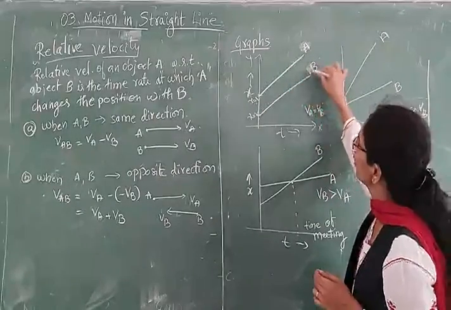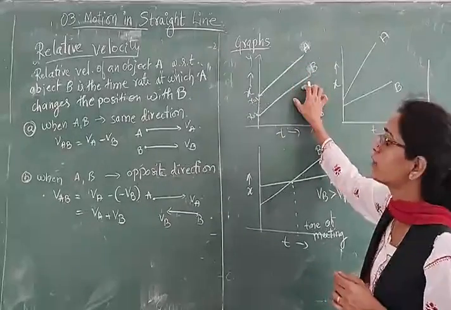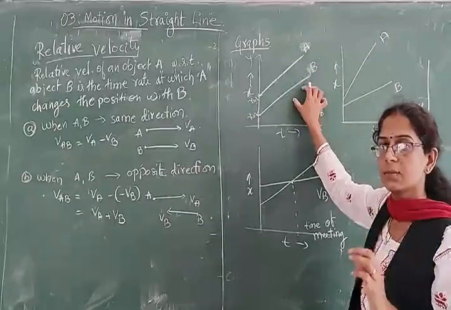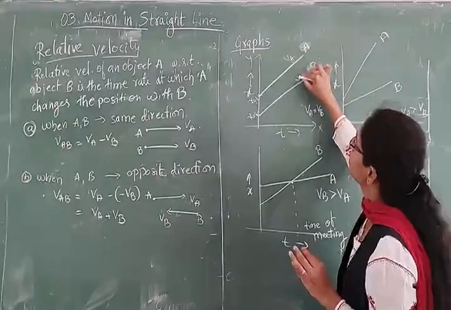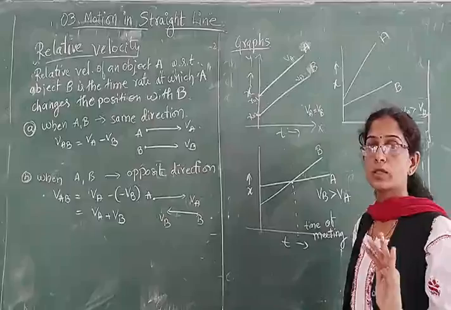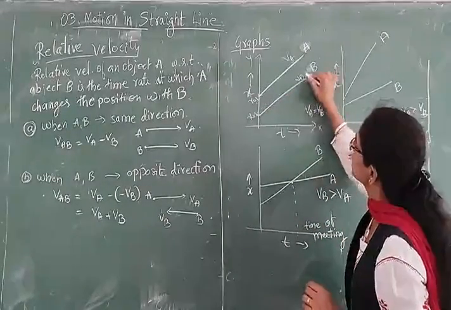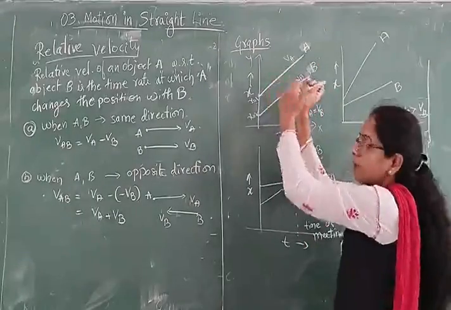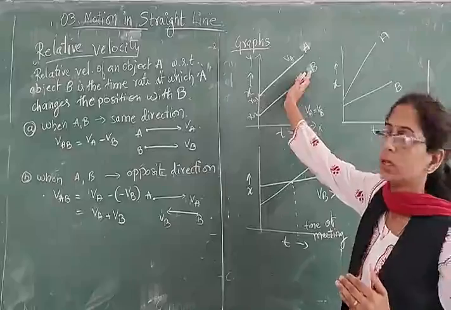They are moving uniformly. If I take the ratio of x by t for either object, it remains the same. That is, the velocities VA for the first and VB for the second remain constant. There is no change in the velocity. Then you get linear, parallel, straight lines. So these two lines are parallel with each other.